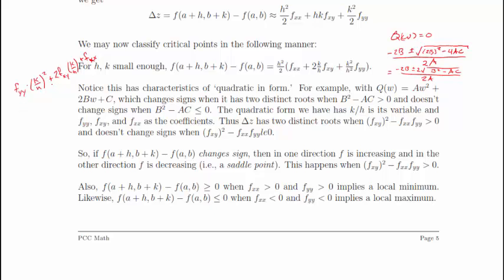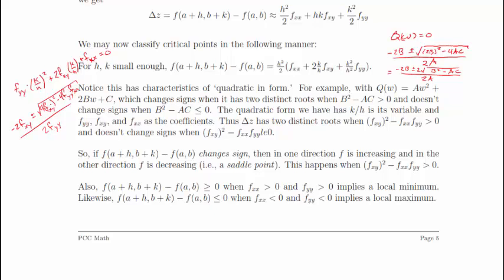So in our case, let's just write this out. If we want this to equal 0, then we would have negative 2 f sub xy plus or minus the square root of 4 f sub xy squared minus 4 f sub yy f sub xx, all over 2 times f sub yy.